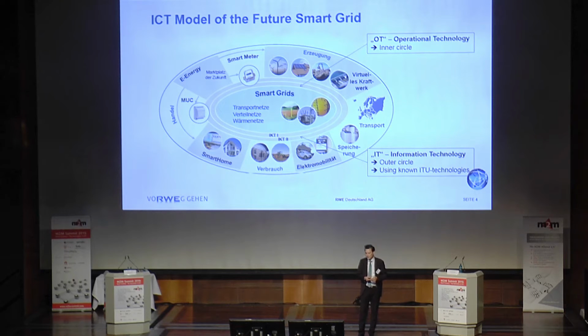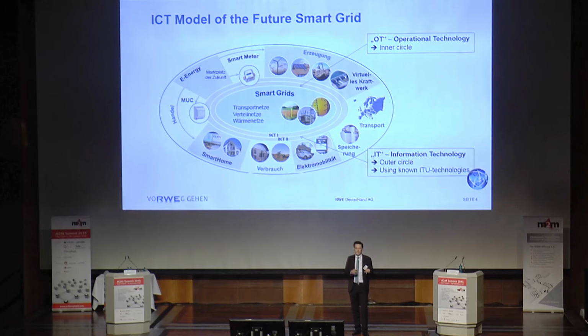In this figure, you can recognize we have two different types of ICT. On the one hand, you have the e-energy field: trading, smart home, e-mobility, storages and so on. But on the other side, you have the classical grid topics where we are talking about the distribution network of the utility.